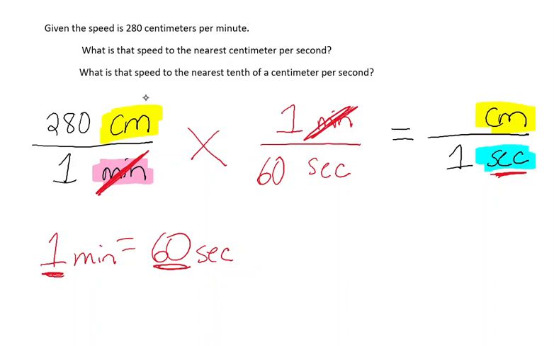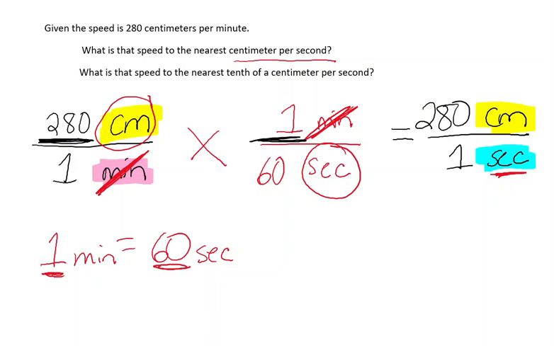And the only thing I see left is centimeters on the top and seconds on the bottom, which is exactly what they asked for, centimeters over seconds. Now I just need to do the math with the numbers. So in the numerator, I have 280 times 1. And in the denominator, I have 1 times 60, which is 60.